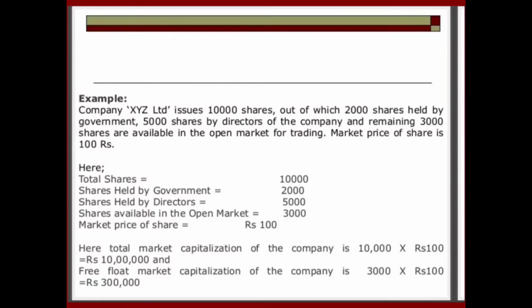So with this information we have to calculate capitalization of the company. Here total market capitalization of the company is 10,000 times rupees 100. 10,000 is total shares and rupees 100 is market price of shares, and total is rupees 10 lakh according to the market capitalization method.